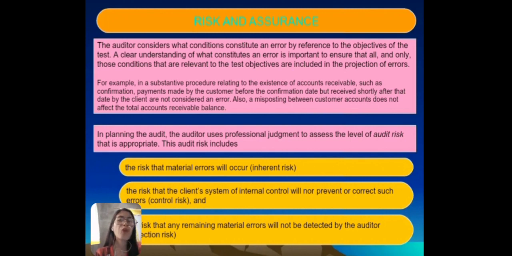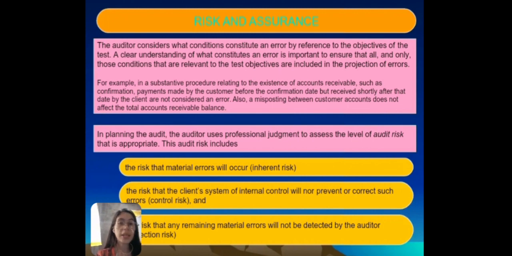Let's say, for example, in a substantive test procedure relating to the existence of accounts receivable, such as confirmation, payments made by the customers before the confirmation date but received shortly after that date by the client are not considered an error. Also, misposting between customer accounts does not affect the total accounts receivable balance.